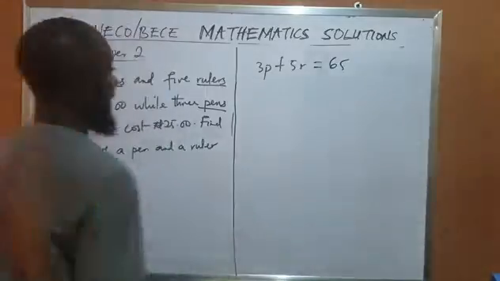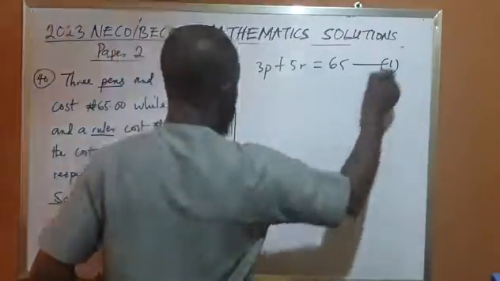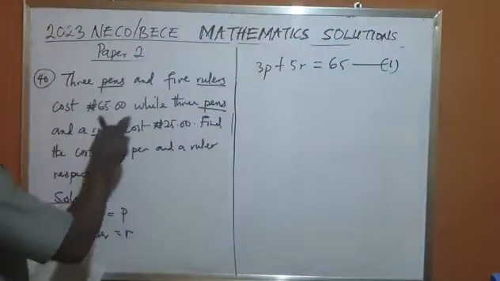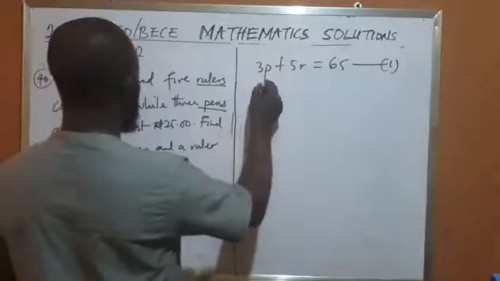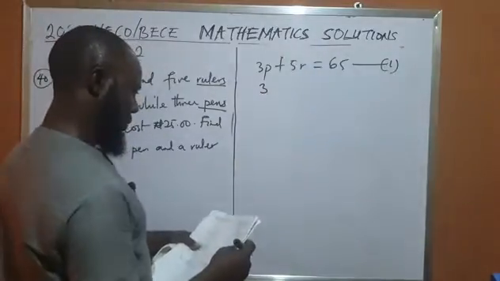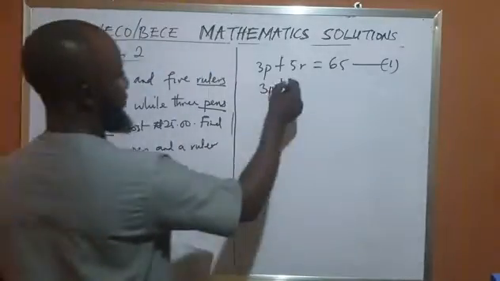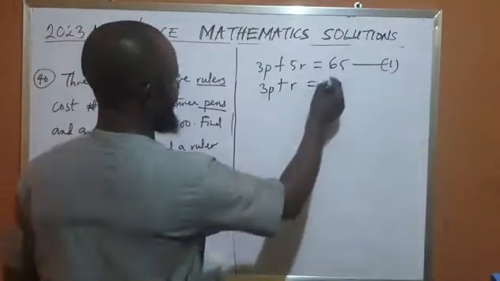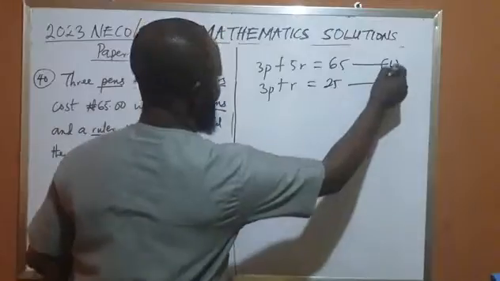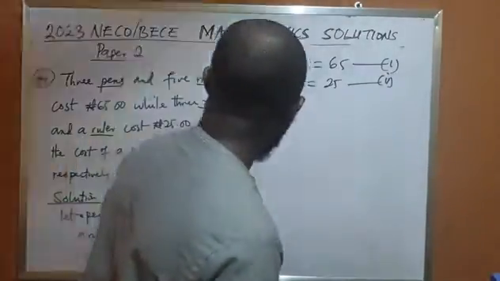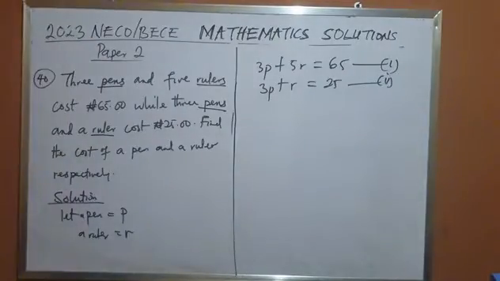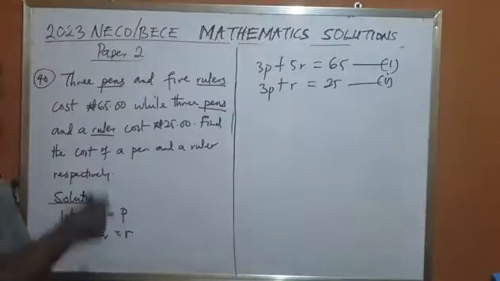That's equation 1. The next one: 3P again, plus a ruler, plus R, equals 25 naira. So we need to find the cost of P and R.